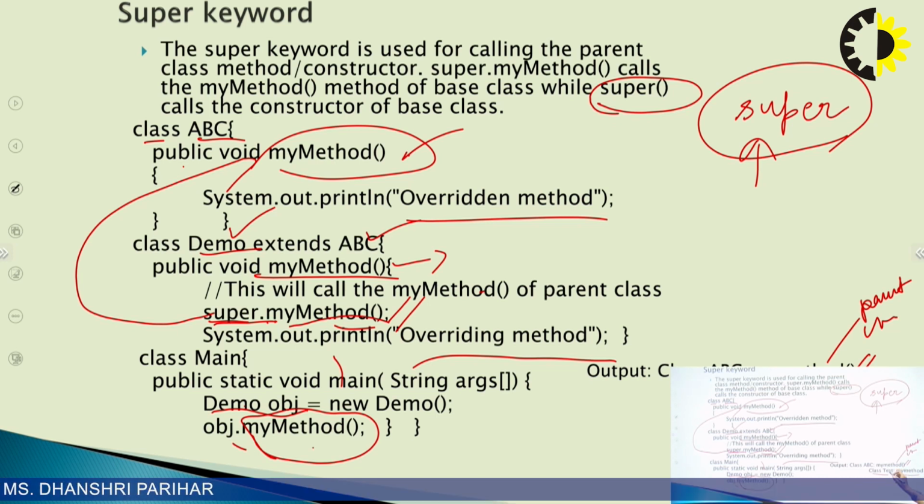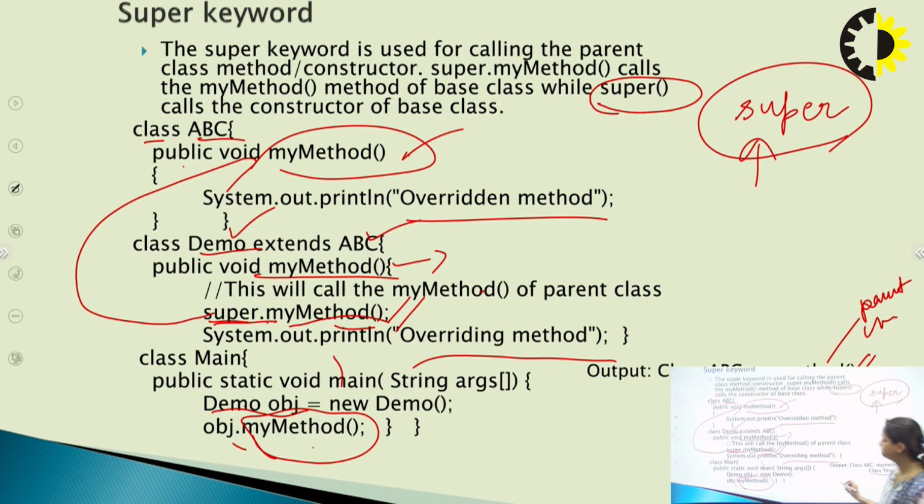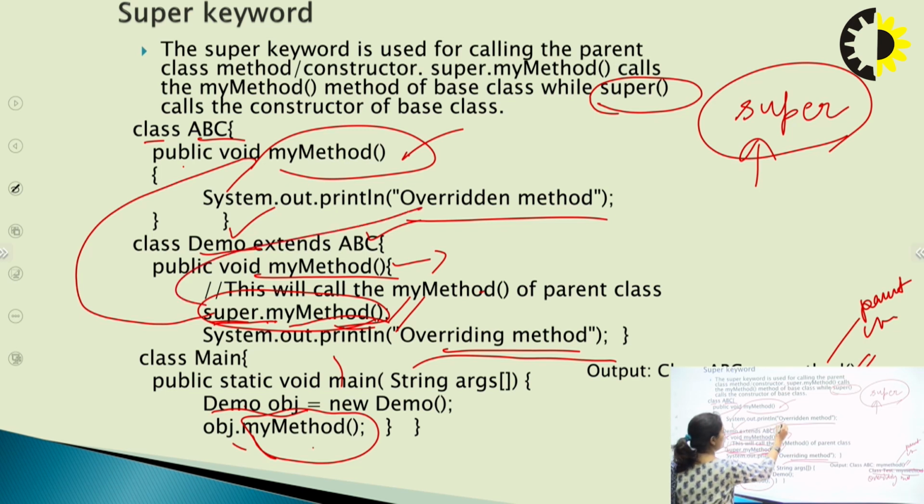Then the my method of the child class, where we have written overriding method. So it will be like this, overriding method. Here the super call will generate the first output, the overridden method, that is my method, and the child method will generate the overriding method output in this particular program.